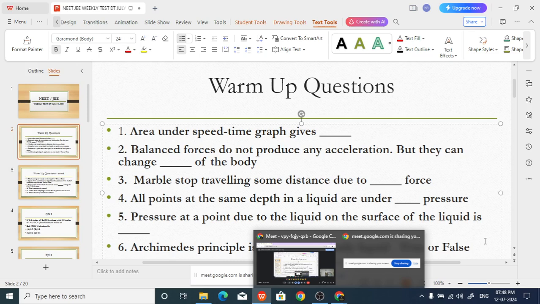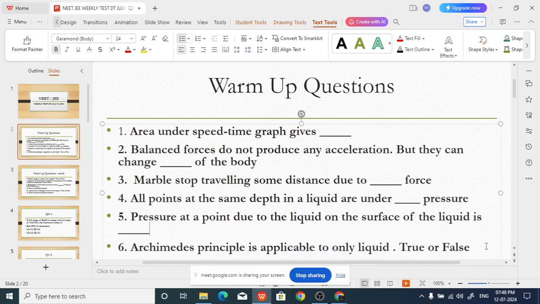Yes, sir. Can you read? One of you read it. Archimedes' principle is applicable to only liquids. True or false? Here the options are given.